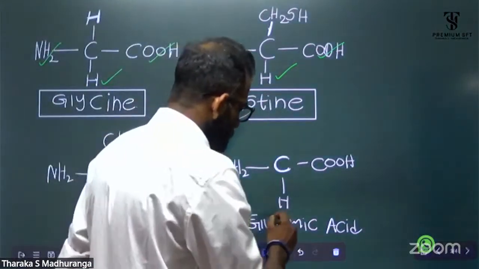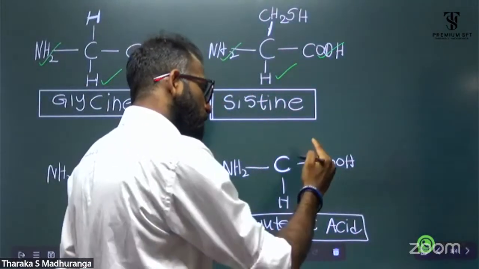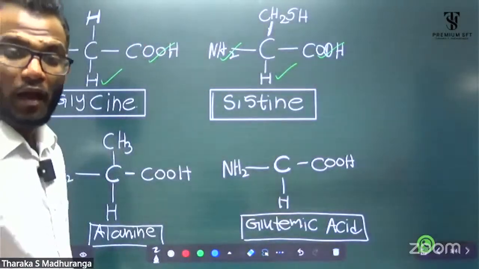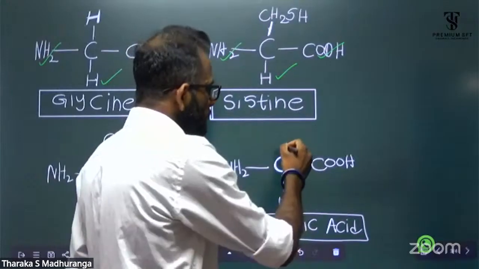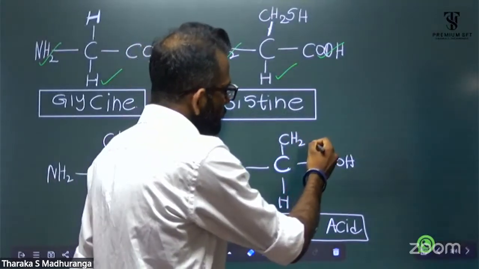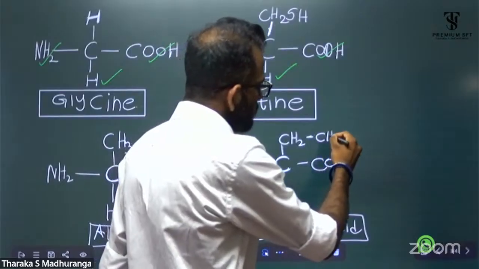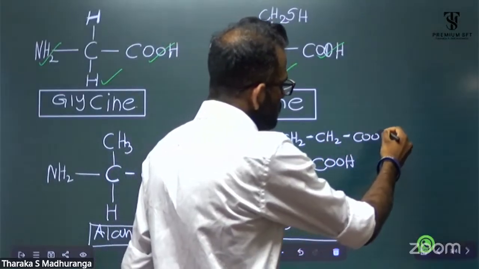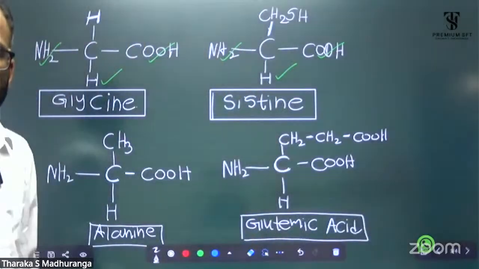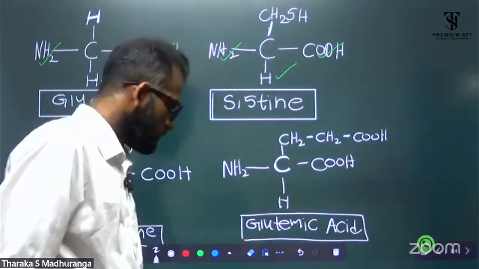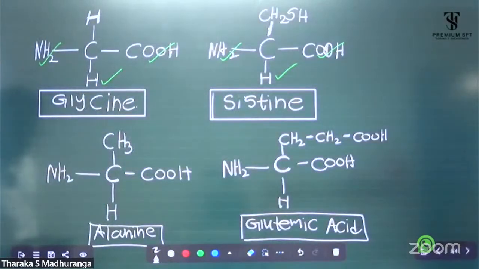Remember the R carbon chain of glutamic acid. It is CH2, CH2, COOH.